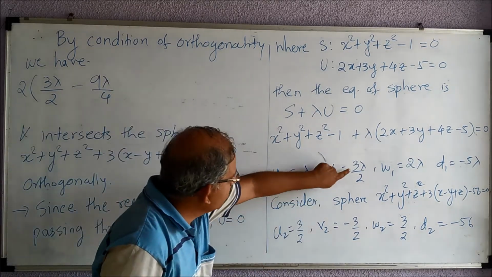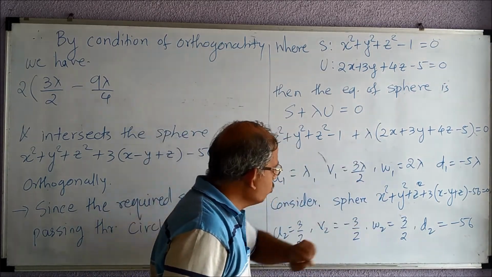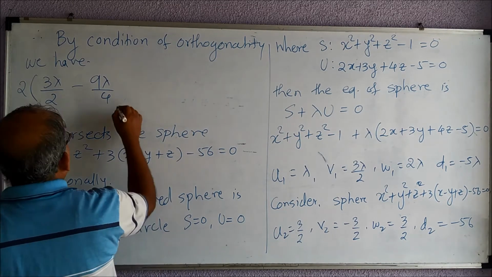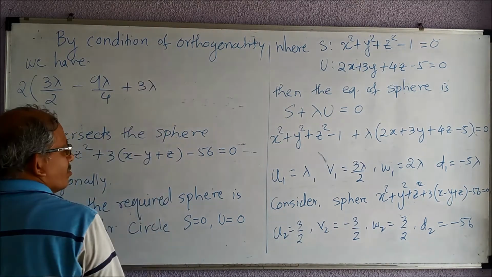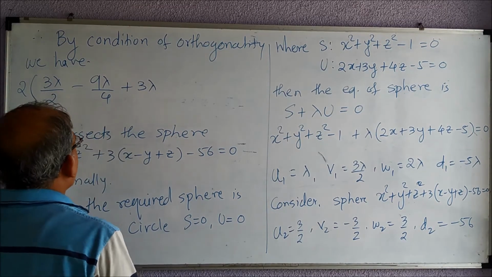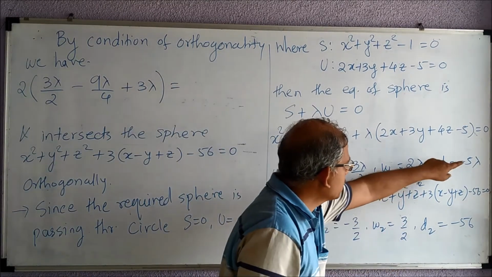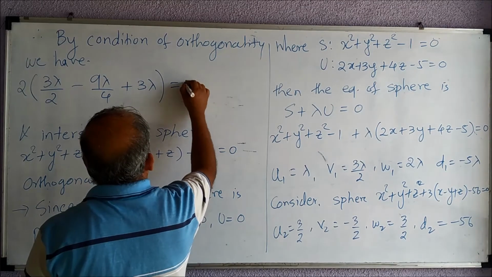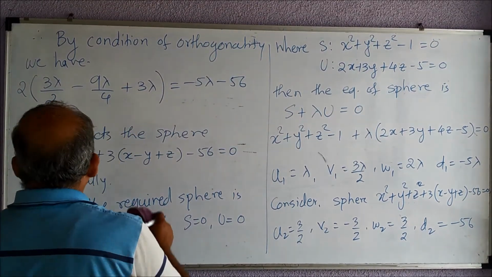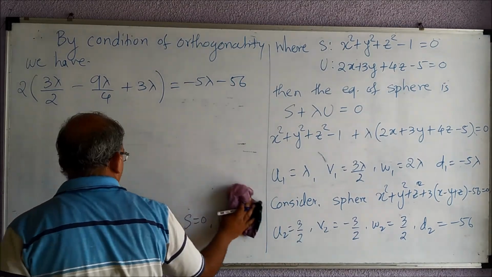Then 2 lambda into 3 by 2, so it is 3 lambda. 2 gets cancelled. We'll get 3 lambda, is equal to d1 plus d2, so minus 5 lambda minus 56.